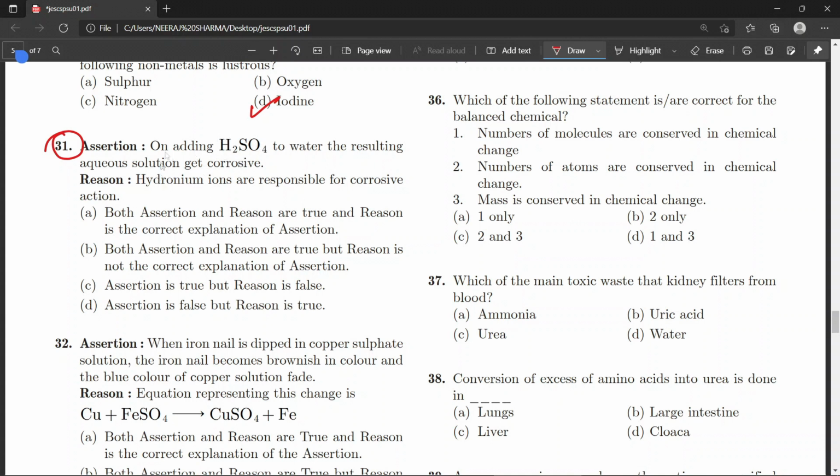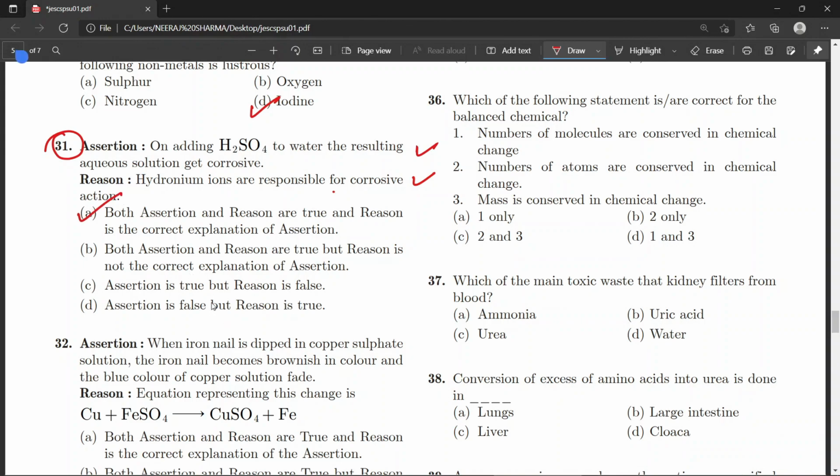And then you have to see whether the reason is the correct explanation of the assertion or not. So both the statements are correct, right? So the hydronium ions are definitely responsible for the corrosive action of the acid, right? So the answer will be both assertion and reasoning are true, and reason is the correct explanation of the assertion.